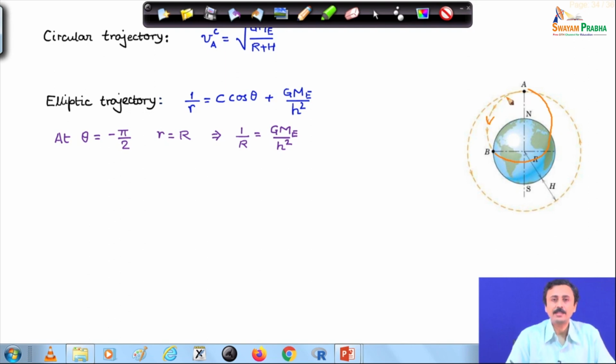This is a hypothetical path, of course, right now. Theta is always measured in the direction of motion from the perigee. Therefore, if this point is the perigee, then theta is measured from here. So, this angle is theta.